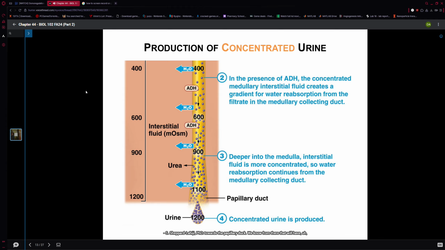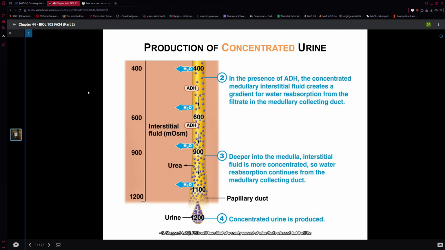We're heading towards the papillary duct. We know from there that we'll have convergence, and we'll have our urine outlet as far as our calyces are concerned. By the time we're ready to exit out as urine, we're going to have a highly concentrated amount of fluid. The fact that we are continuously removing water from this process also indicates that the amount of urine we're going to be releasing will be relatively low.